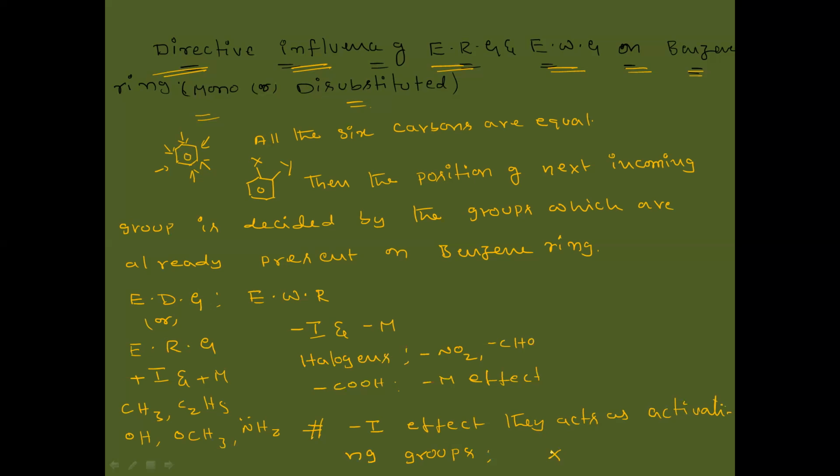The exception is due to the presence of lone pair of electrons on the halogen. Understood? So let's see how this shows directive influence on the next incoming group.